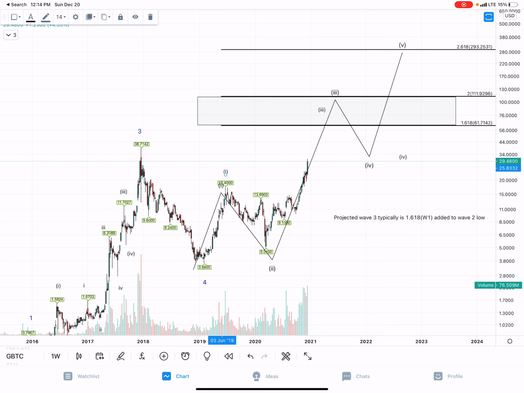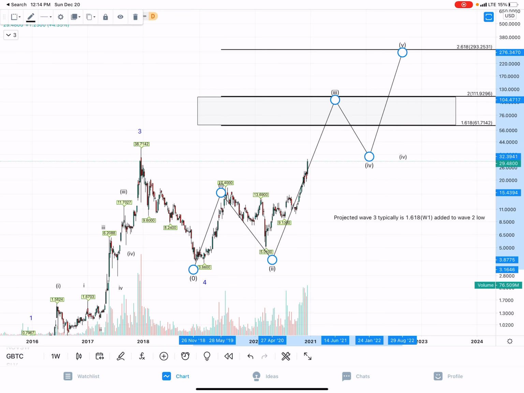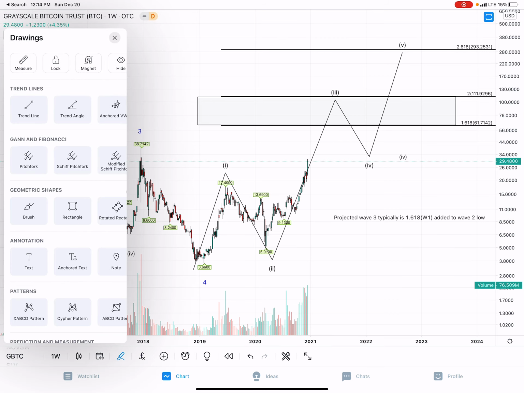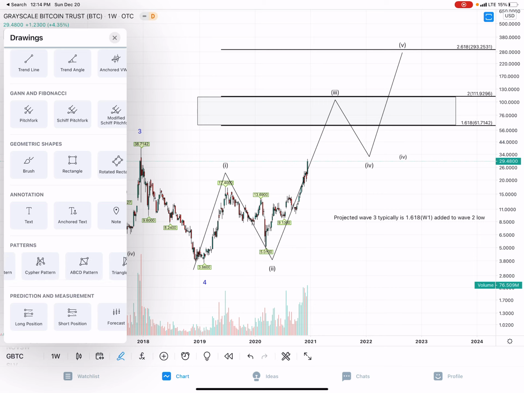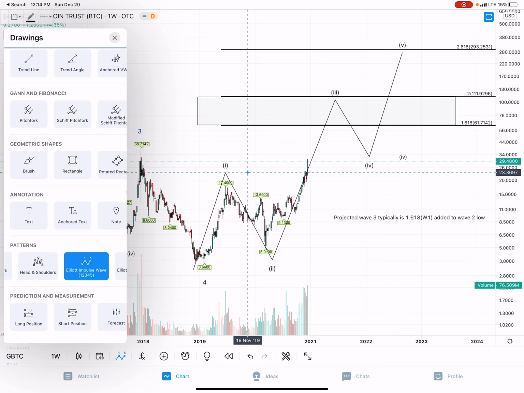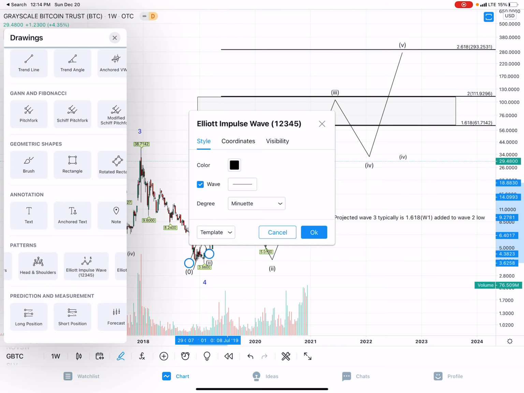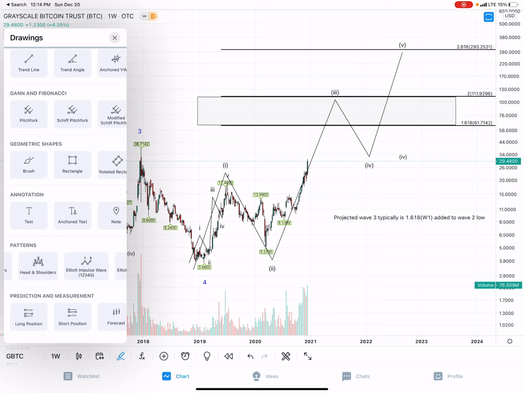Let me delete these so they're out of our way. Got our wave 1, 2. And obviously here you get your 5 waves subdivided within here. So here we obviously have 1, 2, 3, 4, 5 of a smaller degree.